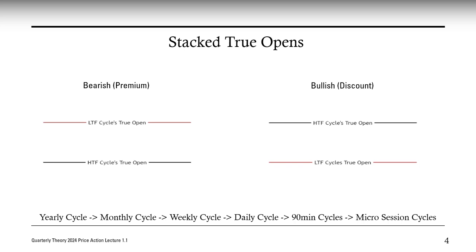So for example, if you're trading the New York session and true open for the New York session is 7:30 a.m., you would need that to be below the true day open. You understand? So this is just an introduction.